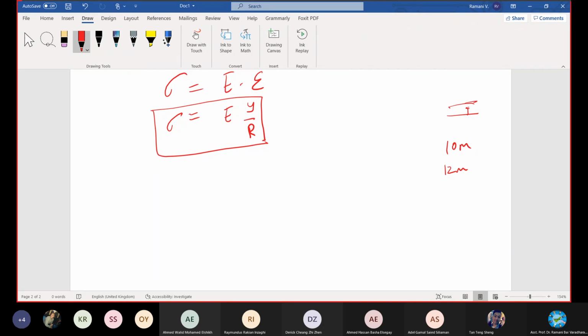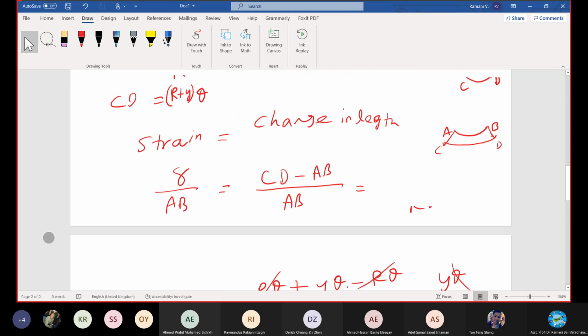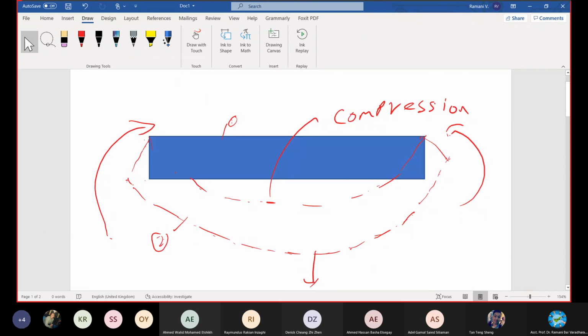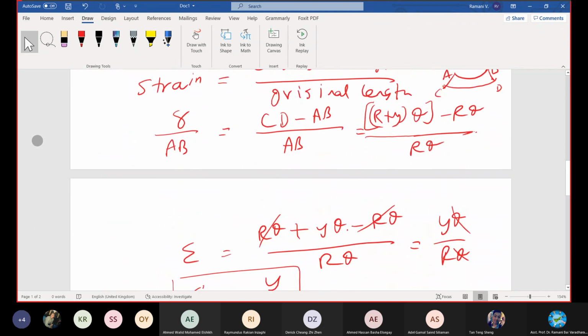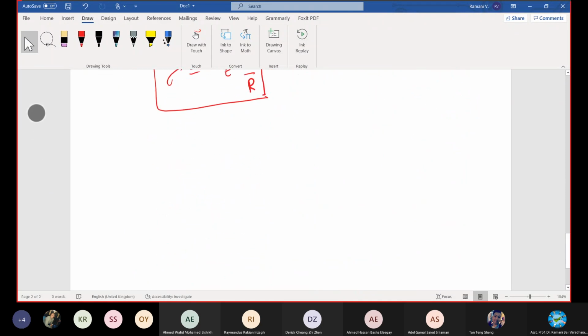In that case I can find clearly how much is the variation, but in this case it's curvilinear, bent like this. I cannot notify how much is the deformation. By using mathematical equations only we can find the value. That's why we have to derive the mathematical equation.